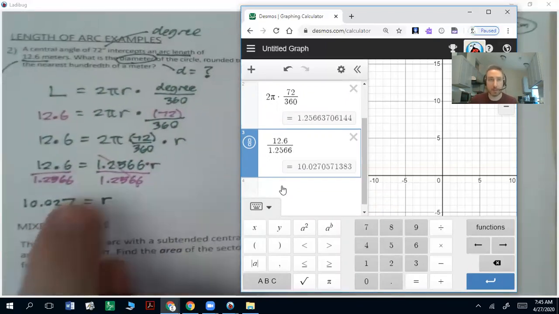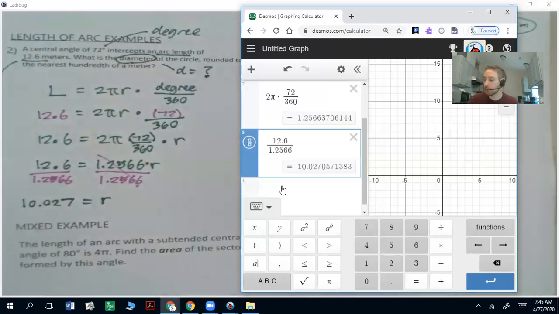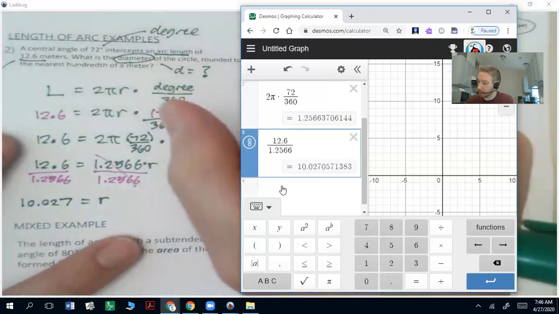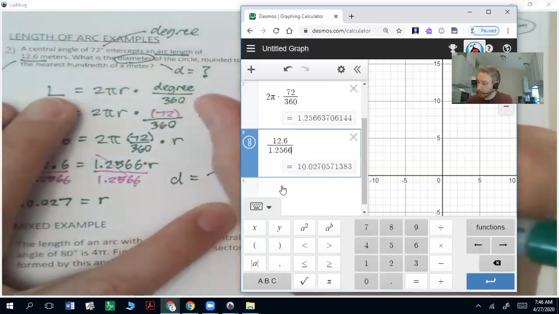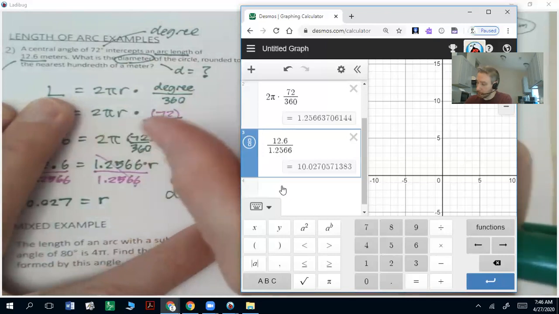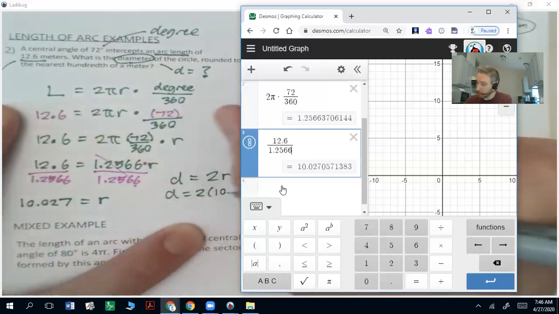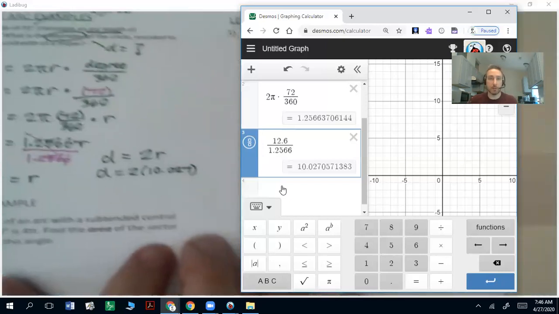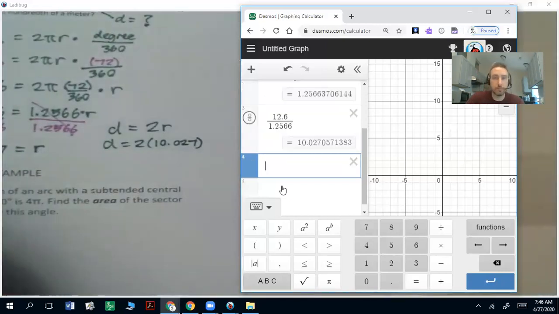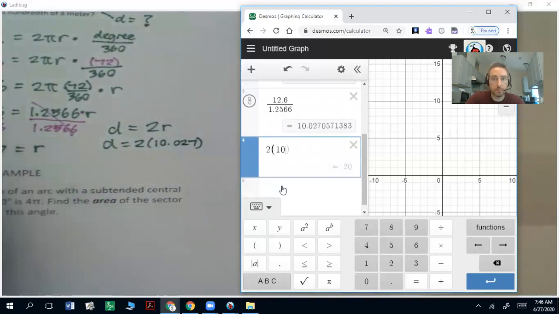But it doesn't ask for the radius, does it? It asks for the diameter. So in a circle, the radius is halfway through the diameter, so the diameter is going to be twice that. If I multiply that number by 2, you get about 20.054.